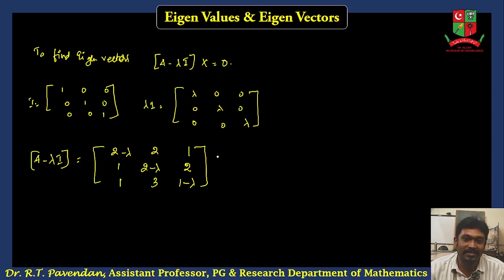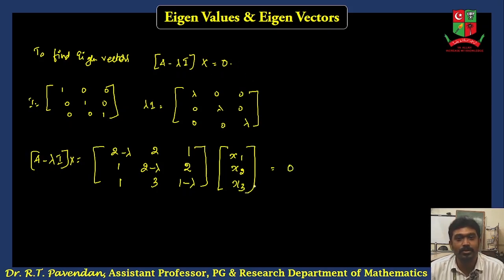This times x, A minus lambda I times x, where x is a column matrix x1 x2 x3, and we are going to equate it to 0 by assumption. This is the first step to find the eigenvectors.